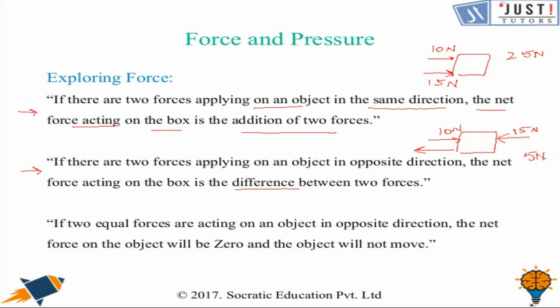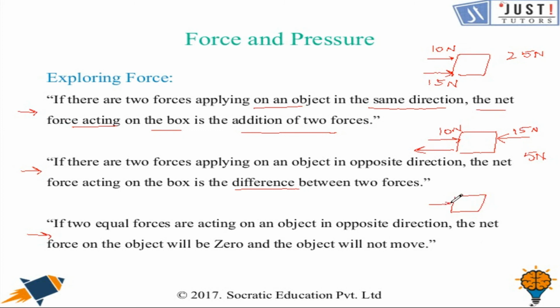Now, what do you notice when two persons are applying the same force on a box from opposite directions? Does the box move? If two equal forces are acting on an object in opposite directions, the net force on the object will be 0 and the object will not move. Let's take an example here. Here's again a box.